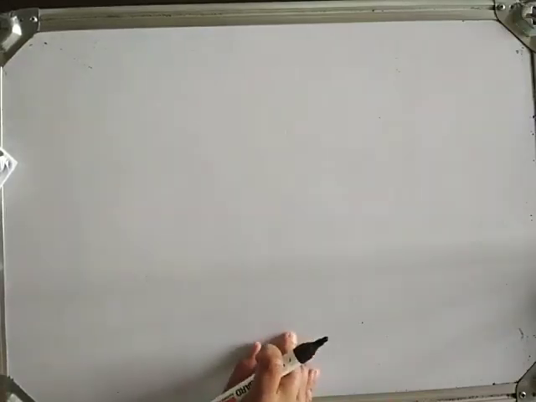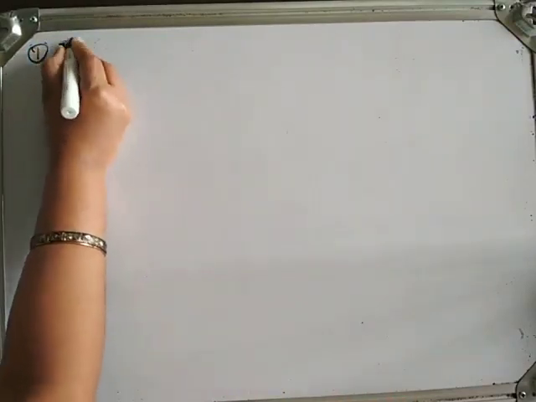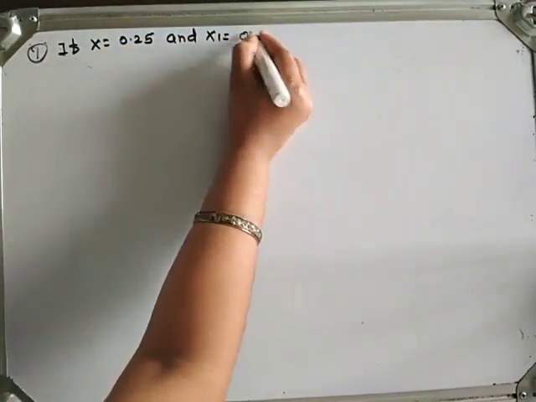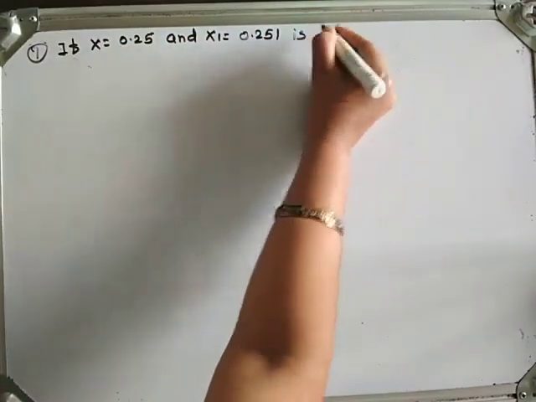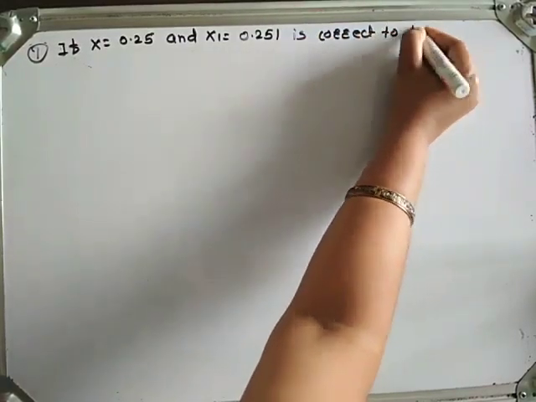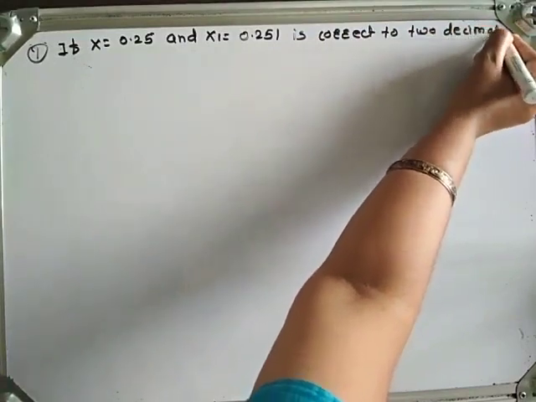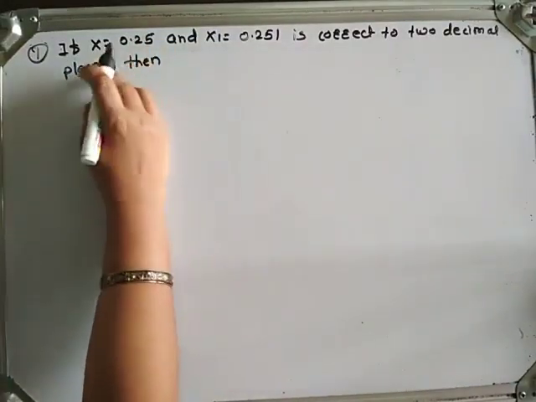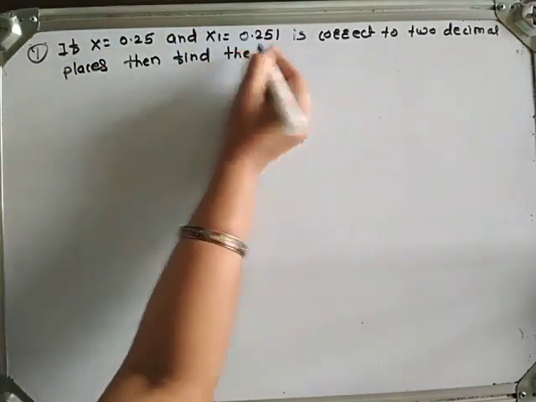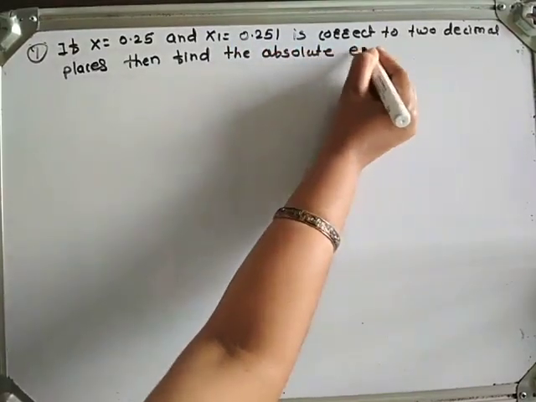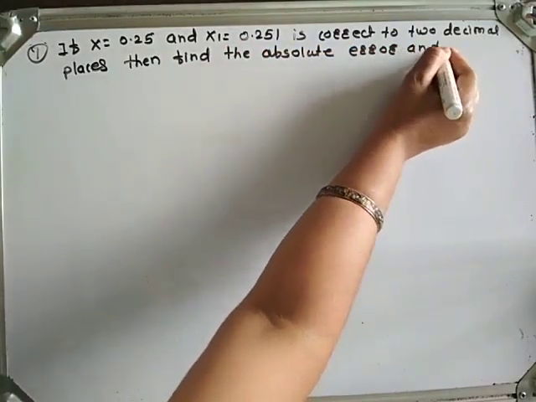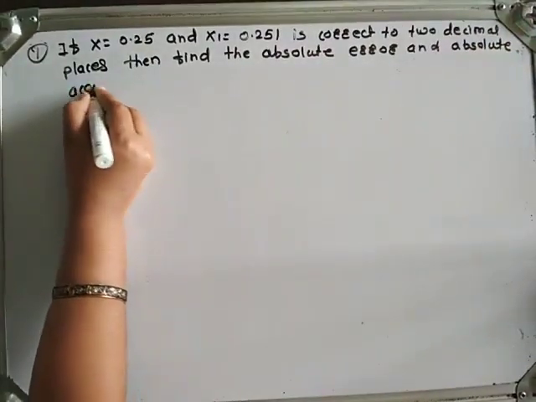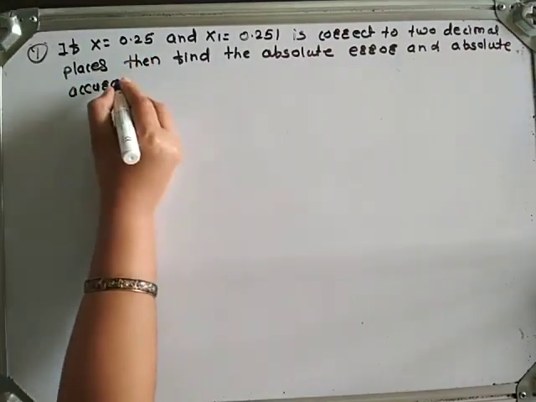Now let us see some examples on errors. Example number 1: if x is equal to 0.25 and x1 is equal to 0.251, correct to two decimal places, then find the absolute error and absolute accuracy.